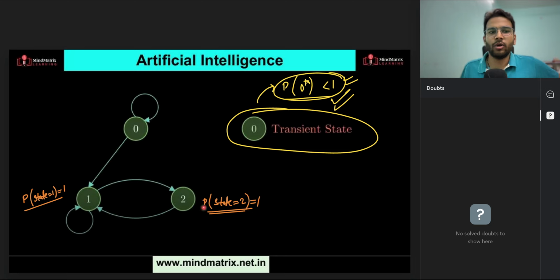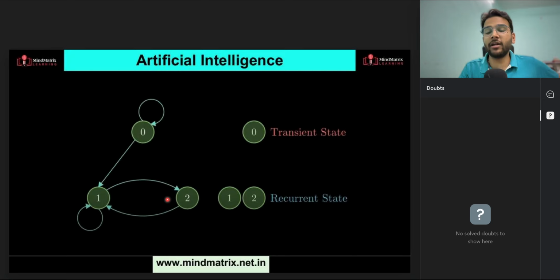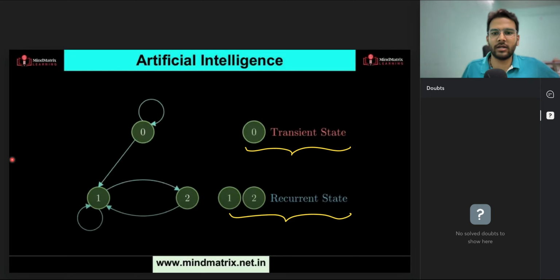Is this clear? So when it is bound to happen, or in other words the probability of coming back to the same state is equal to 1, we call those states recurrent states. So in this diagram, I can say that 0 is my transient state and 1 and 2 are my recurrent states. Is this concept clear to all of you?